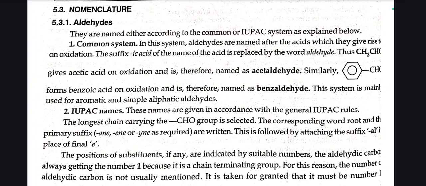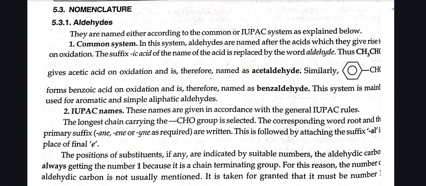CH3CHO gives acetic acid on oxidation and is therefore named acetaldehyde. Similarly, the compound which gives benzoic acid on oxidation is named benzaldehyde. This system is mainly used for aromatic and simple aliphatic aldehydes.